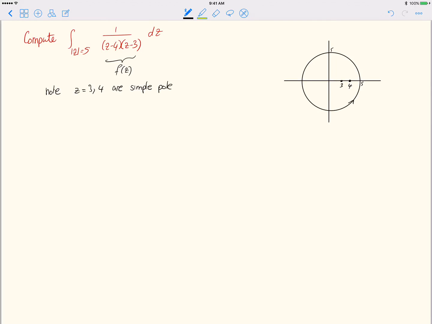So as you can see, the important thing with all this is being able to classify singularities well, which is why I spent a fair bit of time on it in the previous videos. Once you've got that down, things become very straightforward. Anyway, these are going to be simple poles, and they both lie within |z| equals 5.